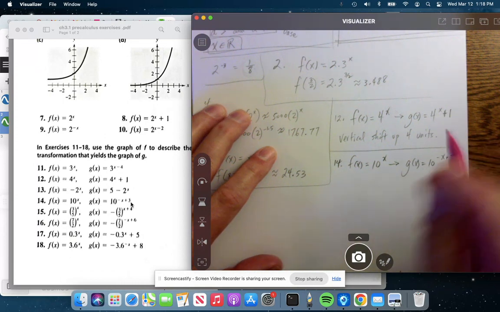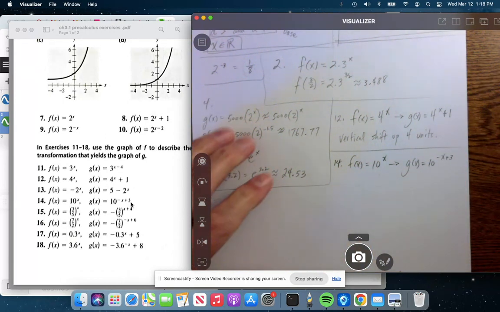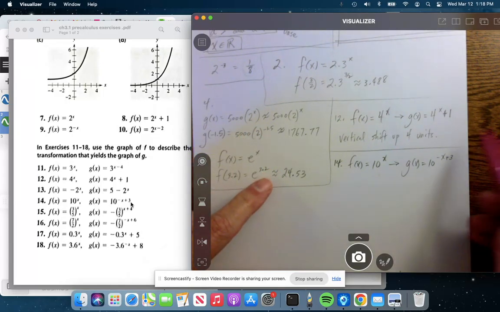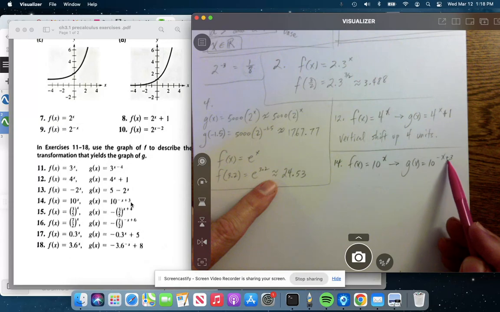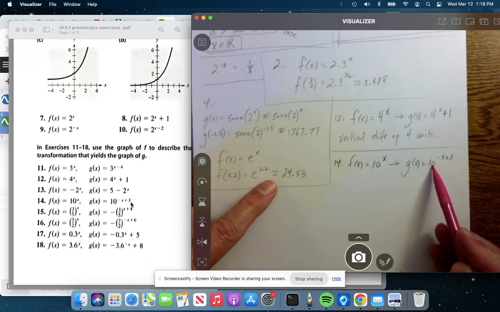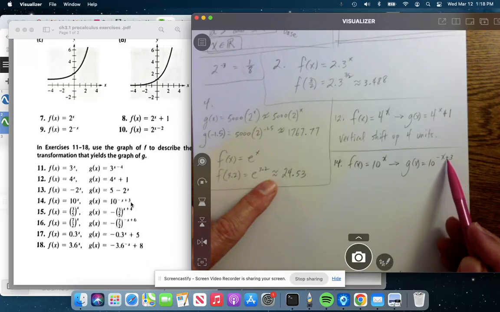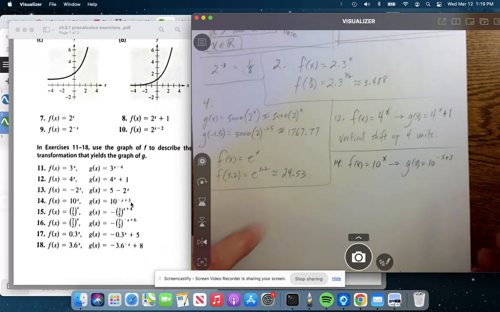This one's tricky, all right, because the x is negative. So what I recommend here is to figure out what happens. So the first thing I would say is, well, if you add 3 to x, it's going to shift it left 3. But you're not adding 3 to x, you're adding 3 to negative x. So the opposite should be true. It's going to shift it right 3 places, right?